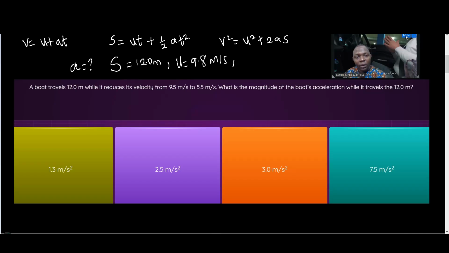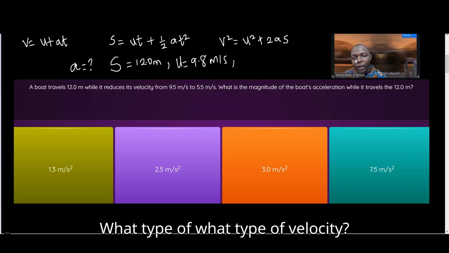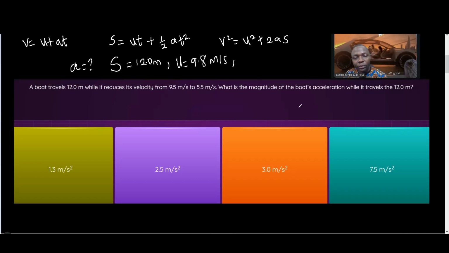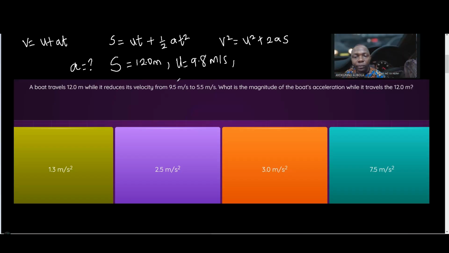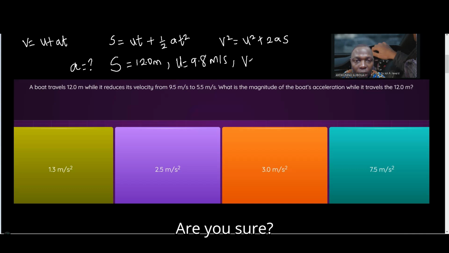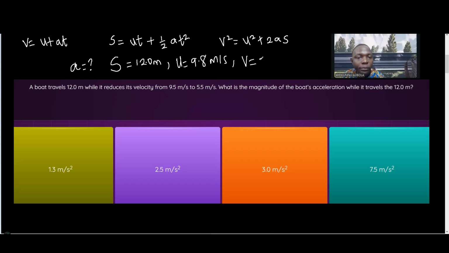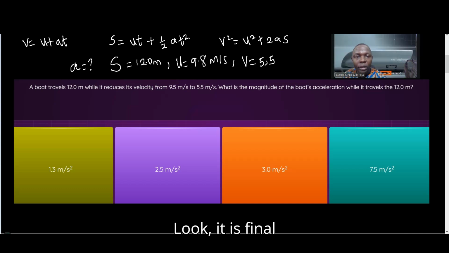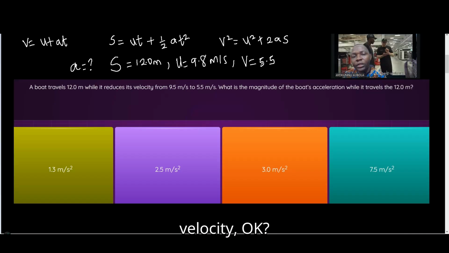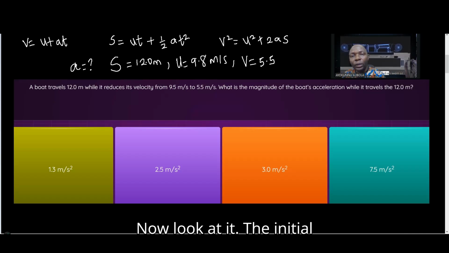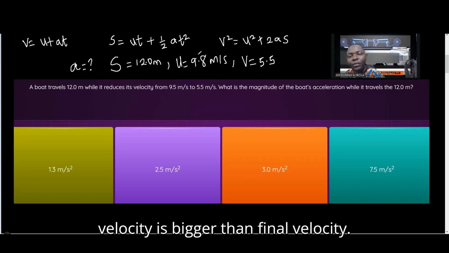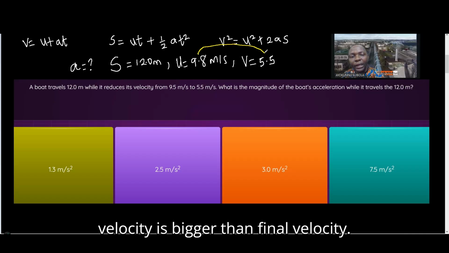Velocity. What type of velocity? Are you sure? It is final velocity, okay? Now look at it. Initial velocity is bigger than final velocity.